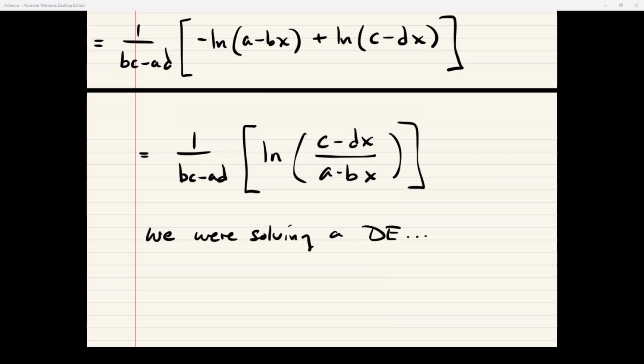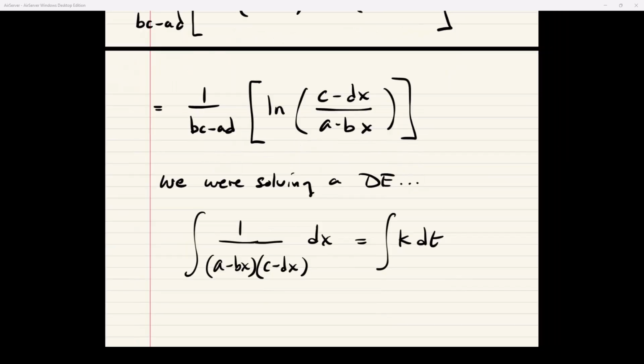Now remember, we were solving a differential equation. In fact, that's the differential equation that we were solving. And this whole thing that we just did is basically that side of the differential equation.